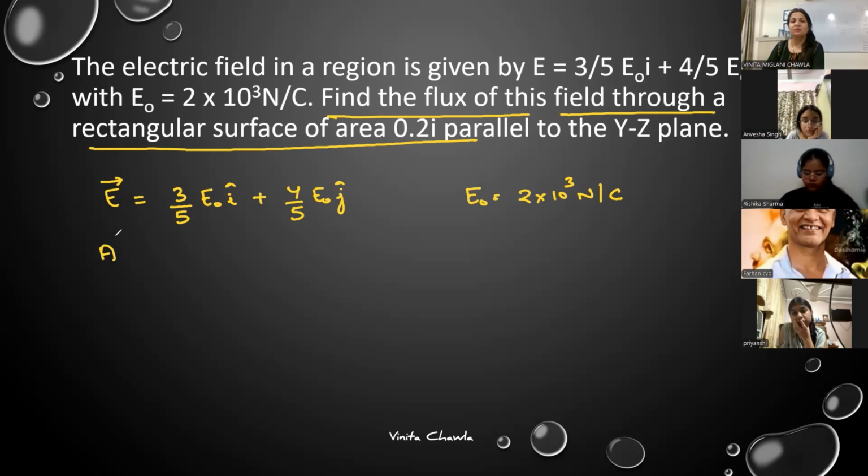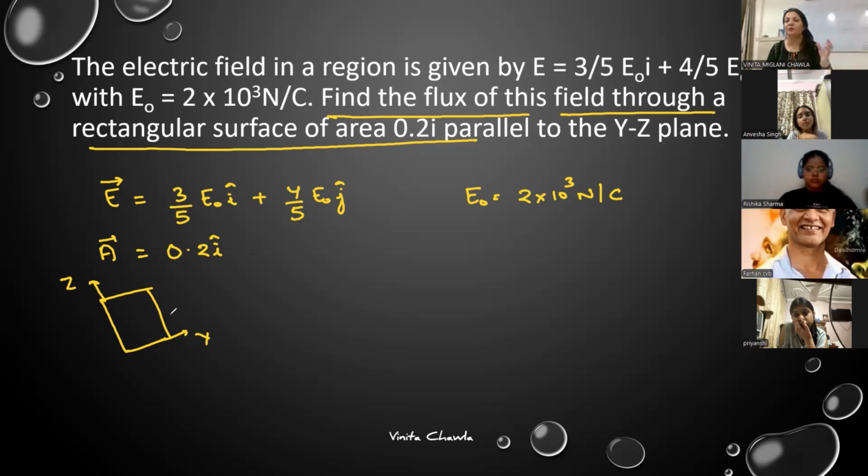Area is given, it is 0.2 I cap, and parallel to the YZ plane. तो एरिया वेक्टर देखो, अगर कोई एरिया YZ प्लेन के पैरेलल है तो what does this indicate? एरिया वेक्टर is always perpendicular to the plane of the area, right? तो एरिया वेक्टर का डायरेक्शन यहाँ पे X axis आएगा, perpendicular to both Y and Z. So you are writing this 0.2 I cap, it is pointing towards X axis क्योंकि एरिया वेक्टर is always perpendicular to the plane.